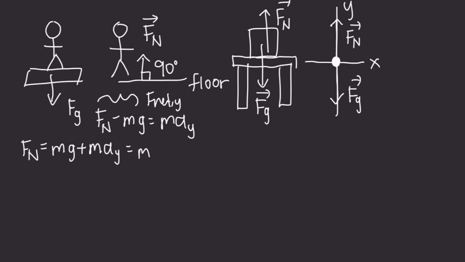We can use the distributive property and get this, for any vertical acceleration, a of y, of the table and block. Now, if the table and block are not accelerating relative to the ground, then ay equals 0, and we get that the normal force equals mg.